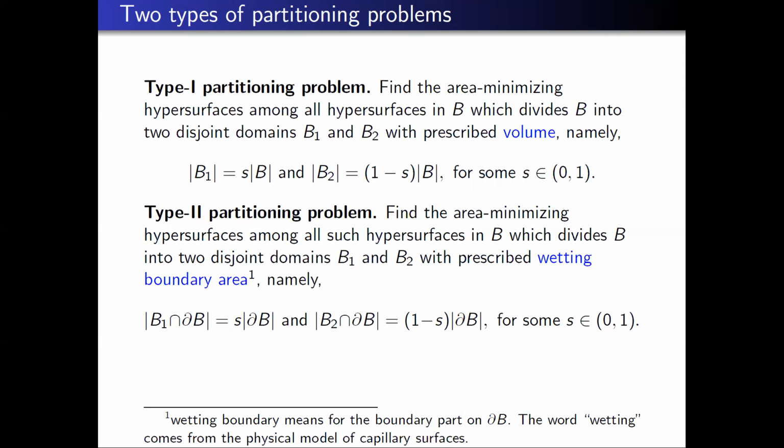And type 2 partition problem means find the area minimizing hypersurface among all such hypersurfaces in a domain B with wetting boundary area fixed. Here, the wetting boundary means the hypersurface boundary lying on boundary B, and the word wetting comes from the physical model of capillary surface.